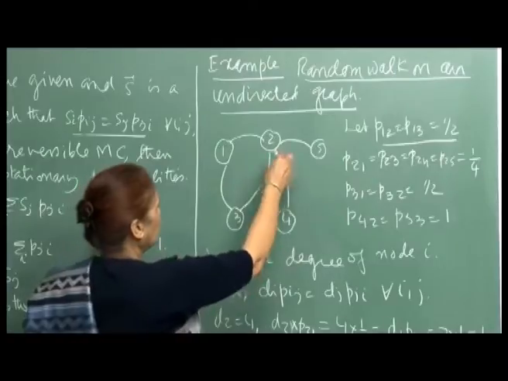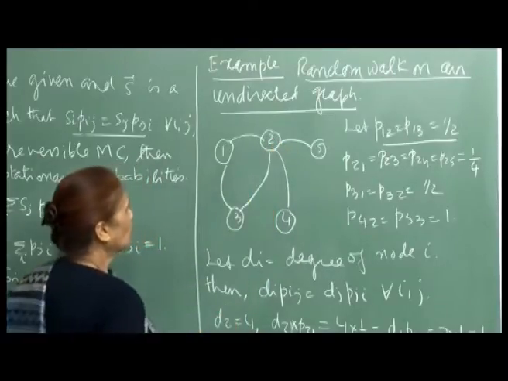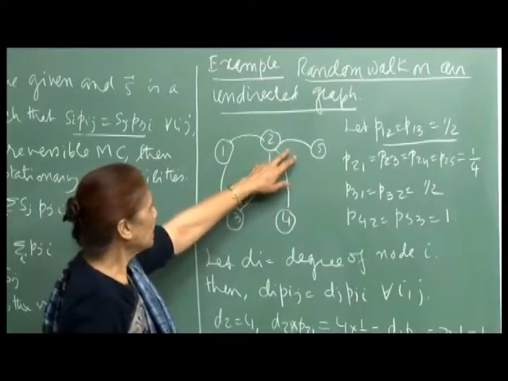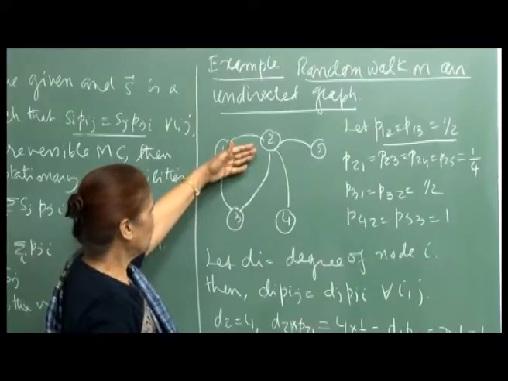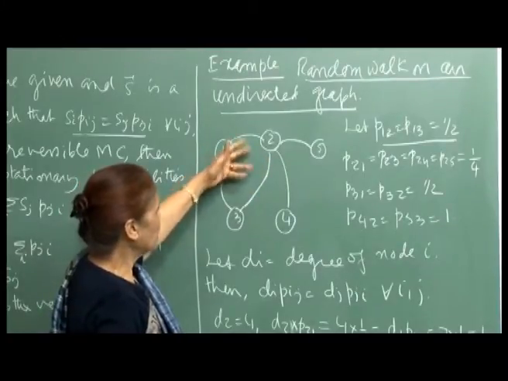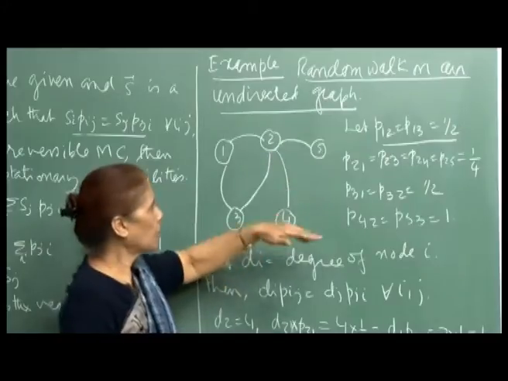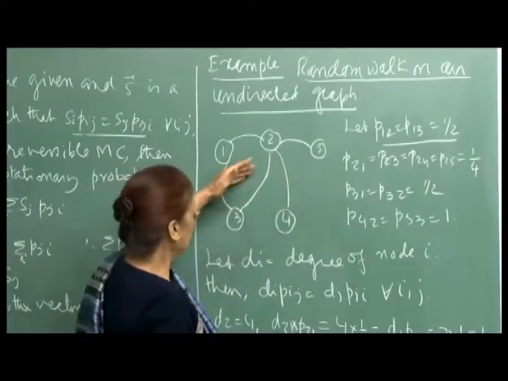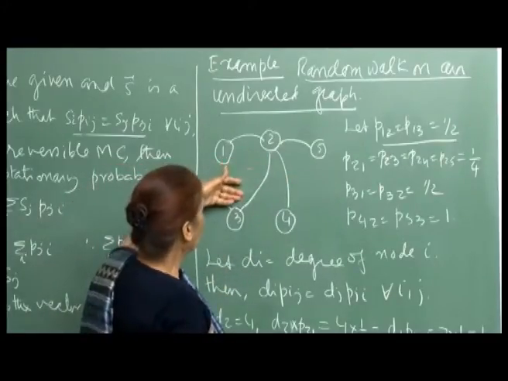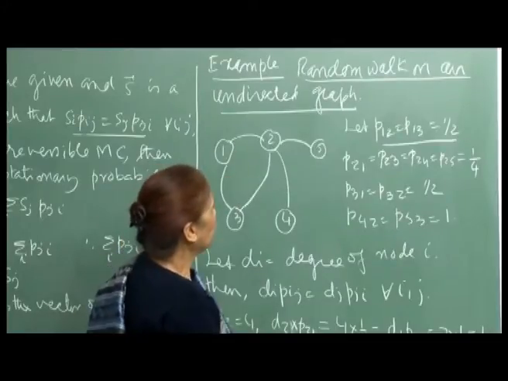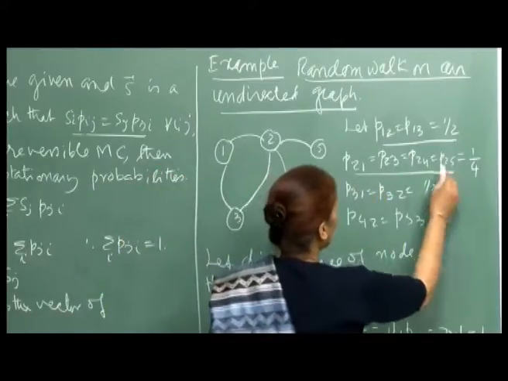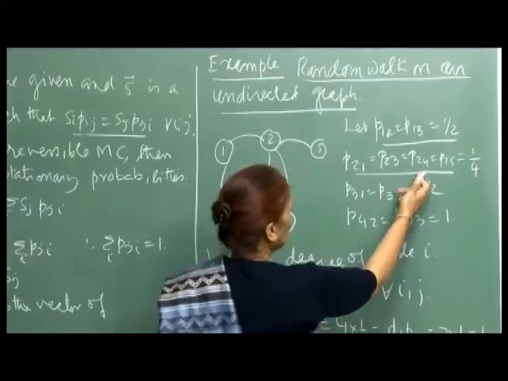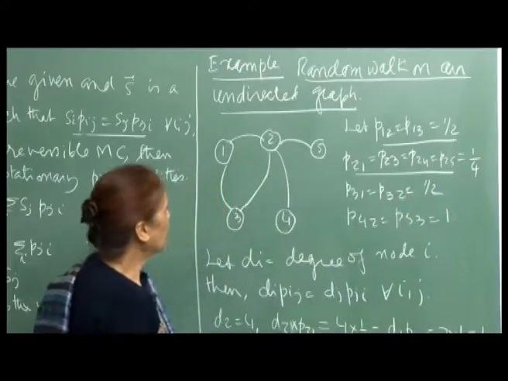And what we are saying is that if, for example, 2 has 4 edges incident on it, then you can traverse any of the edges with equally likely probability. I mean picking an edge to go along is equally likely, and therefore giving probabilities like p21, p23, p24 and p25 equal to 1 by 4.